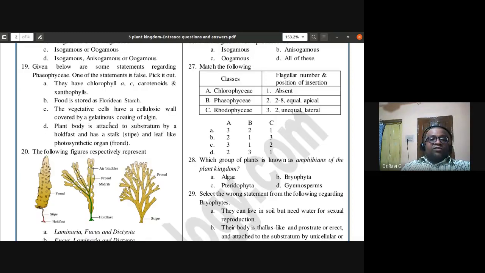Food is stored as Floridian starch. The vegetative cells have a cellulosic wall covered by a gelatinous coating of algin. So brown algae has algin, that is true. Plant body is attached to substratum by a holdfast and has a stalk-type and leaf-like photosynthetic organ, which we call as frond.